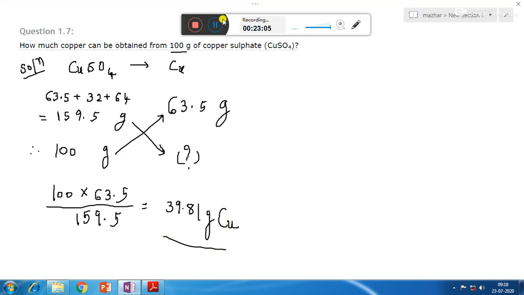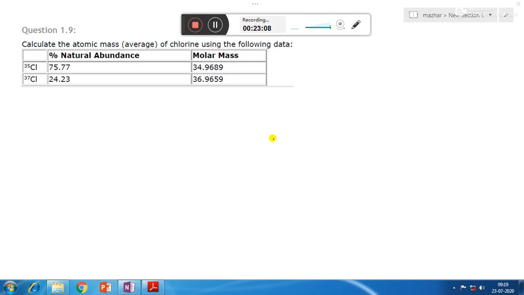Now the next question is, so question 8 we have already discussed. So let us see question number 9. Calculate the average atomic mass of chlorine using the following data. So there are two isotopes of chlorine. So their percentage natural abundance is given and their molar mass is given. So we have to find out average atomic mass of chlorine.